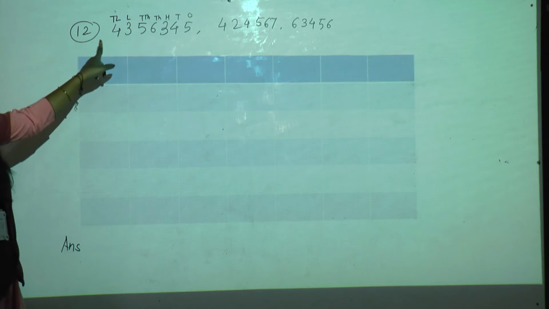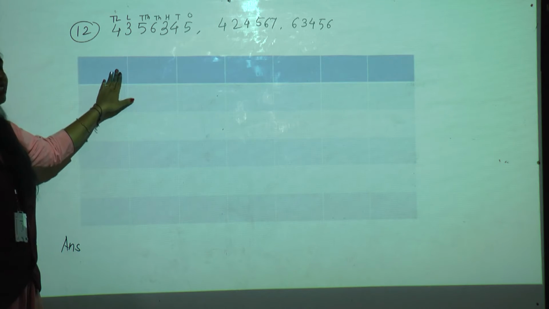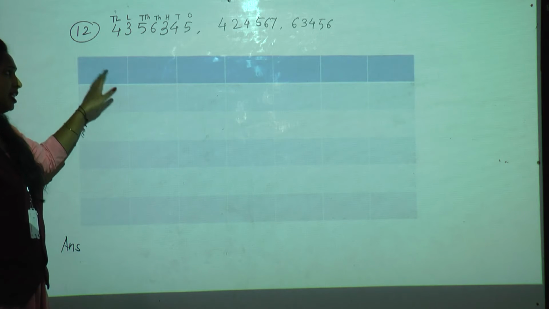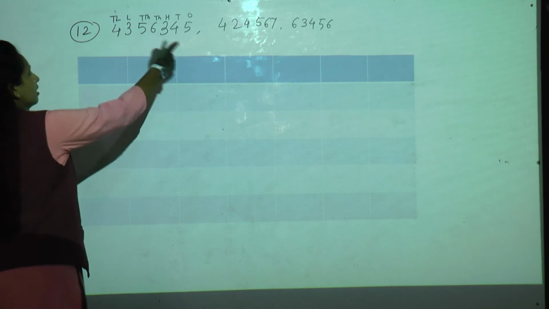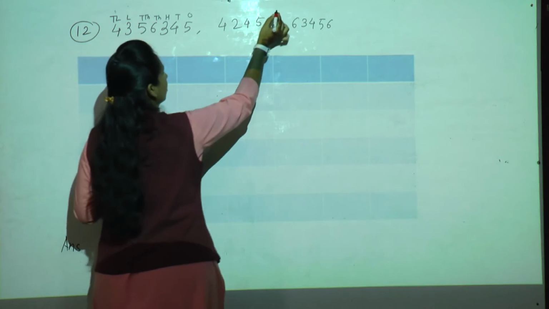See, when you give the place value, you will understand how many digits the addition has, and you will understand how many columns you have to draw. See, there are 7. So first let me complete here.